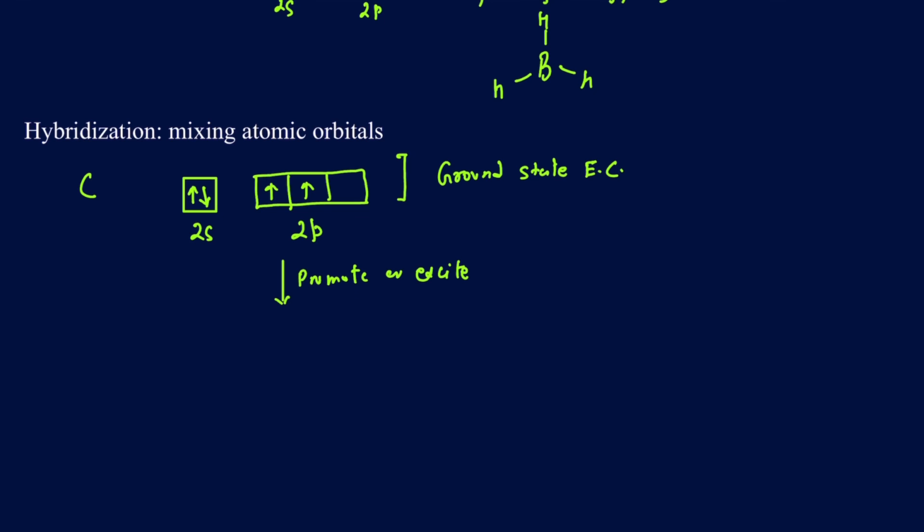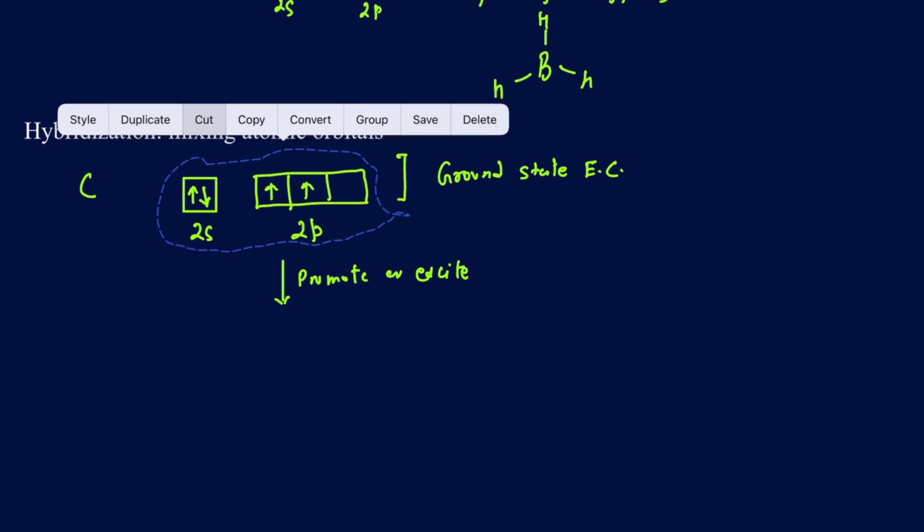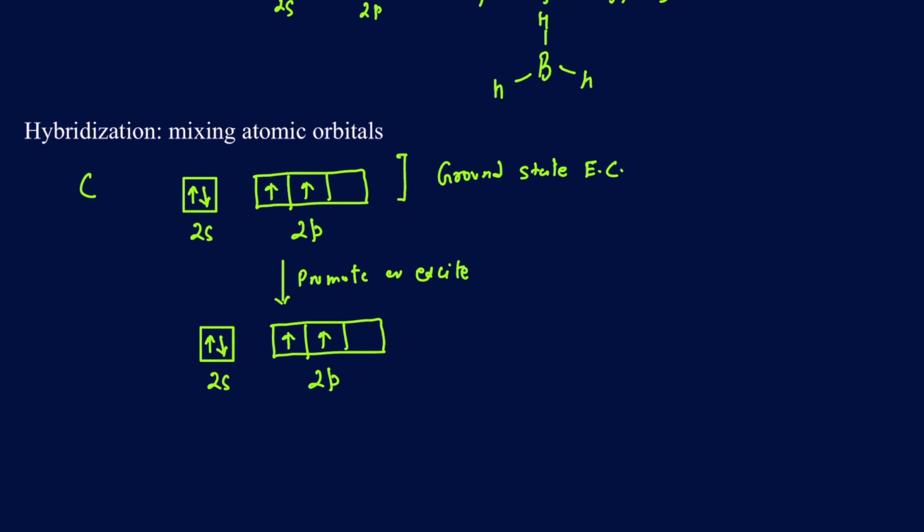So in that case, what happens? One of the electrons from the 2s jumps onto the 2p, and now you get a set of orbitals where you actually have four electrons in those four orbitals. So all of a sudden you've got four orbitals that are half-filled.